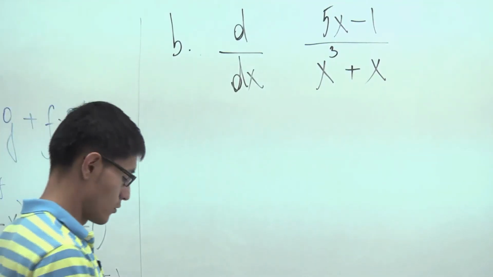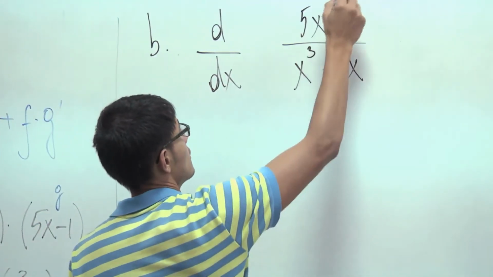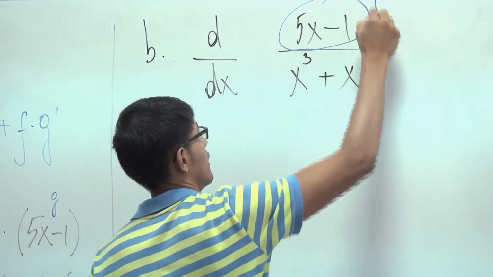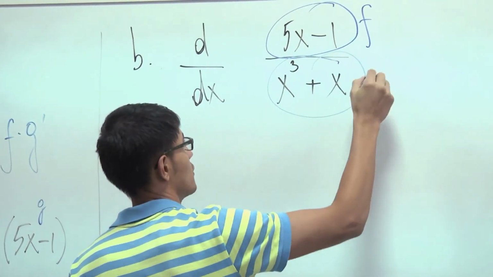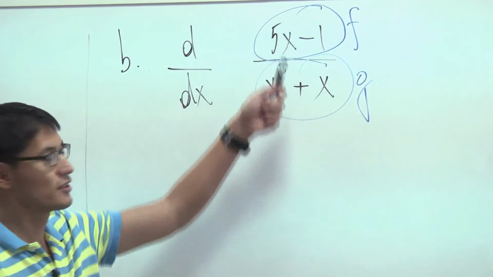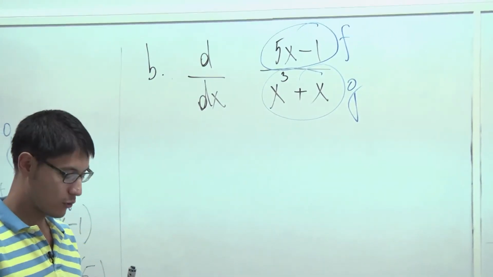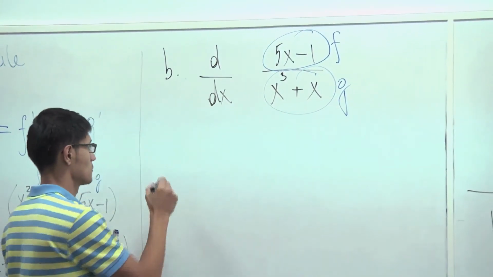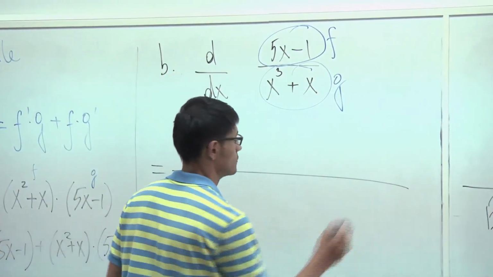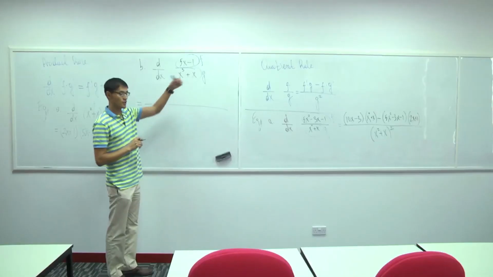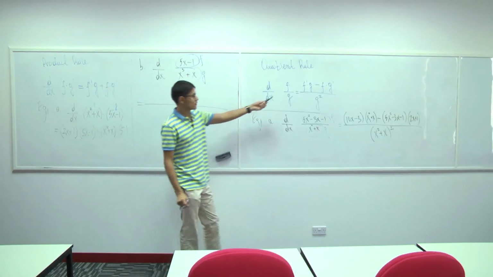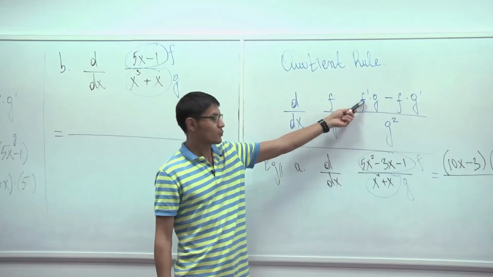Okay, so this is f and this is g. You have f divided by g. You have to use the quotient rule. So again, just simply follow the formula. The formula says start with f prime.